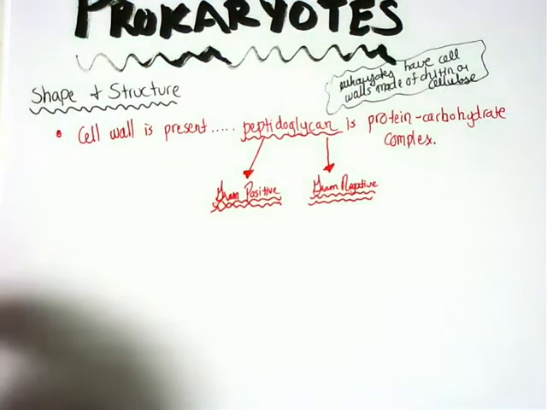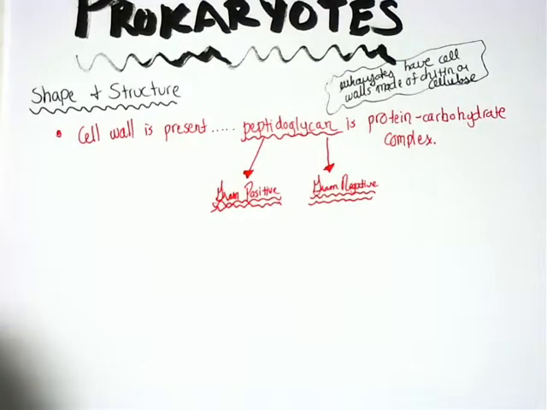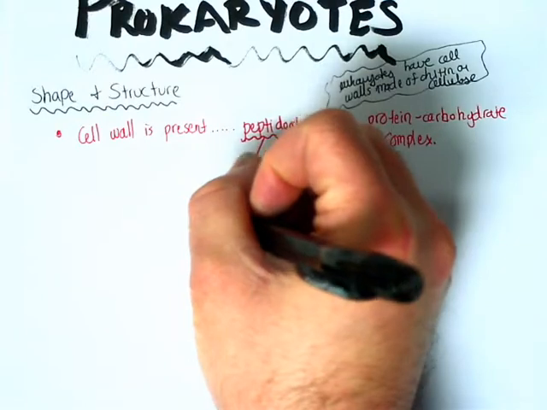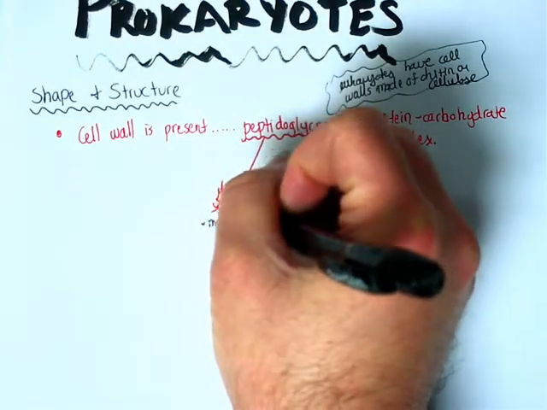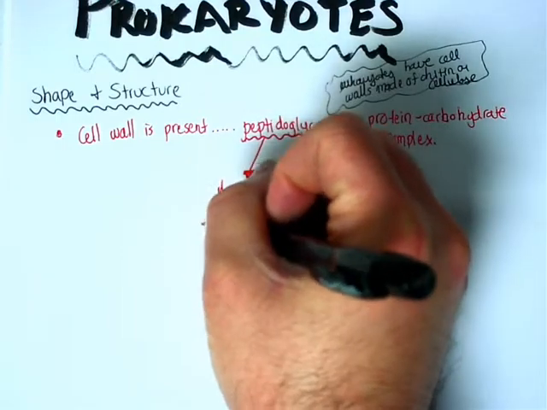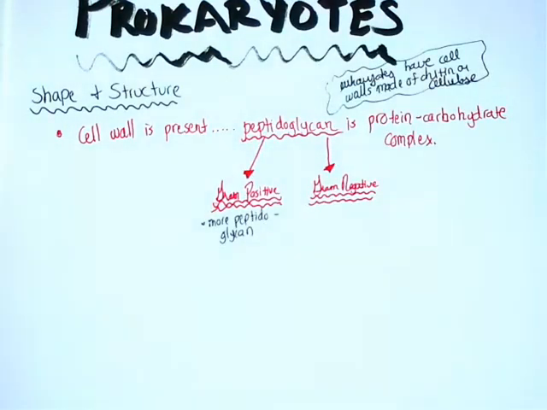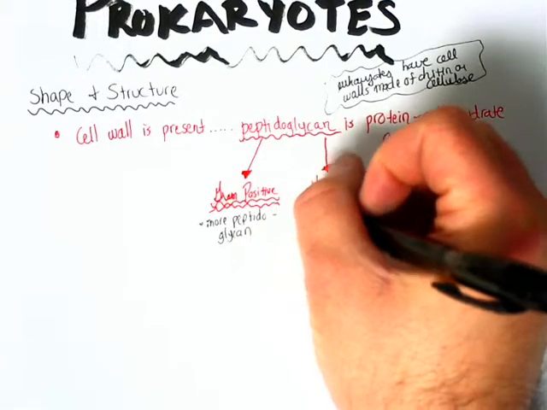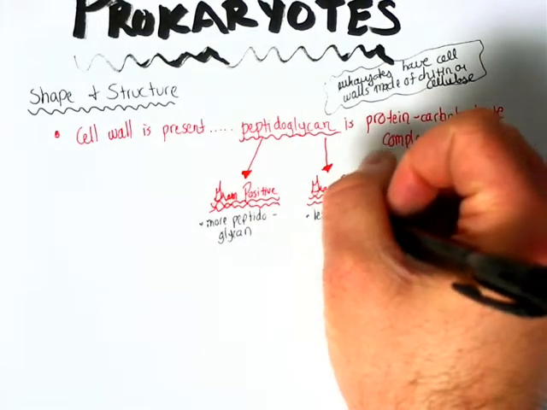Remember that if a bacteria that you find is gram-positive, then that would represent having more peptidoglycan. Which means that gram-negative bacteria are going to have, for sure, less peptidoglycan.